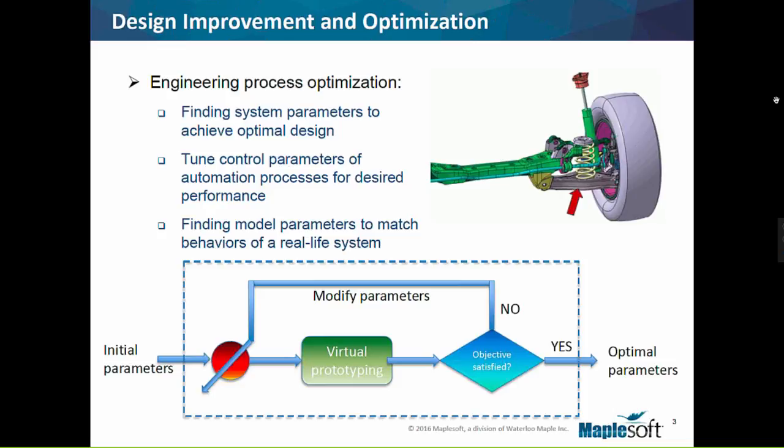You simulate to see how the system behaves. Often the system doesn't satisfy on the first try, so you will need to try another set of parameters. The process is then repeated until you find the optimal design by satisfying an objective function under some constraint conditions.